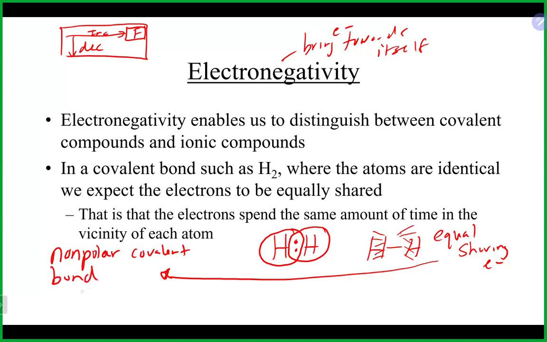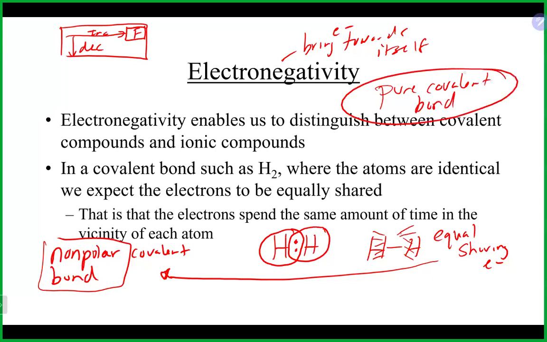Although most people just call it a nonpolar bond, the covalent is sort of implied. If you have perfect equal sharing of electrons like what we have here, this is sometimes referred to as a pure covalent bond. That's the perfect equal sharing of electrons. By the way, that is still a nonpolar bond as well.